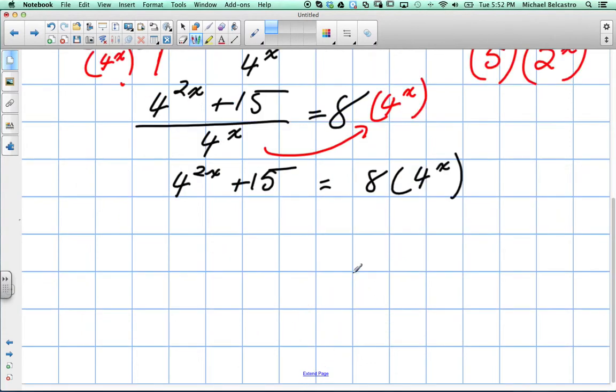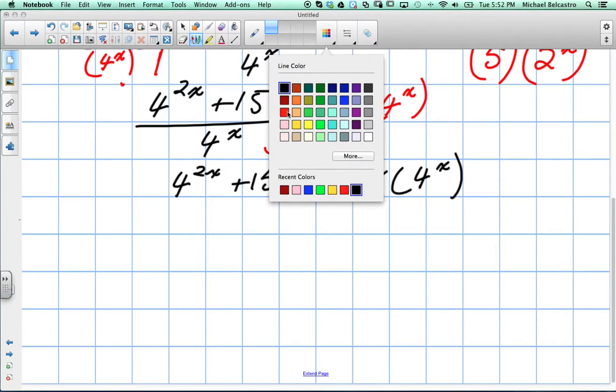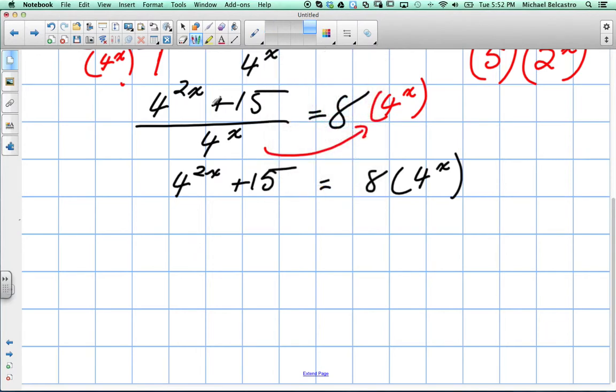So now let's say I decide that I'm going to find the log base 10 of everything in this equation. It'd be nice if I spelled that right. I'll use a multiplication sign to say log base 10 of everything.